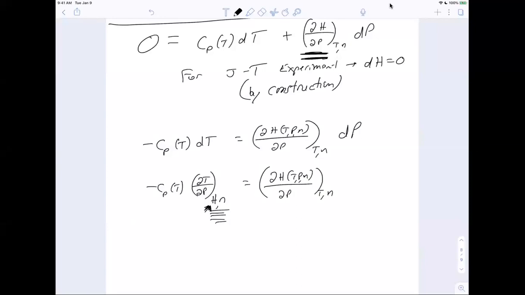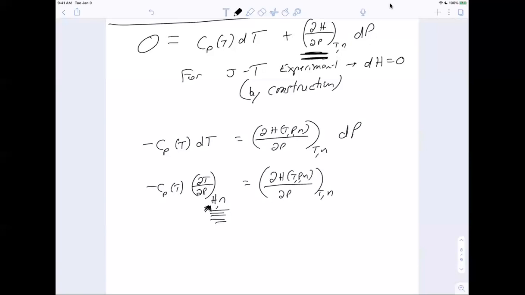The constant pressure heat capacity, we can measure in independent experiments, depending on what our substance is. So you have to do a separate set of experiments to get Cp as a function of temperature. And for this experiment, you can always measure temperature and pressure. We have thermometers and pressure gauges and what have you.